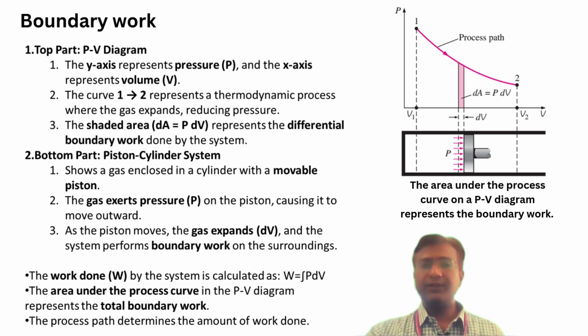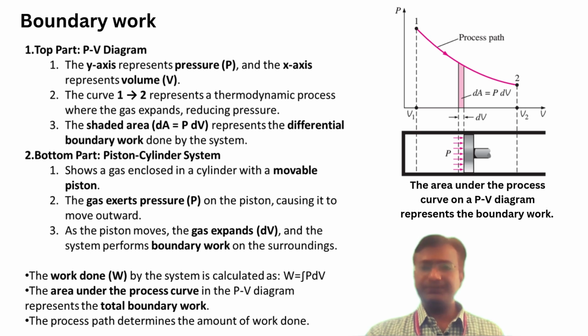Now you can see this is a PV diagram and the boundary work. As I told you earlier, we are using the y-axis for pressure and the x-axis for volume. Now here the gas is going to expand from state 1 to state 2. The work done is shaded under the curve A. This curve A defines the process of expansion.